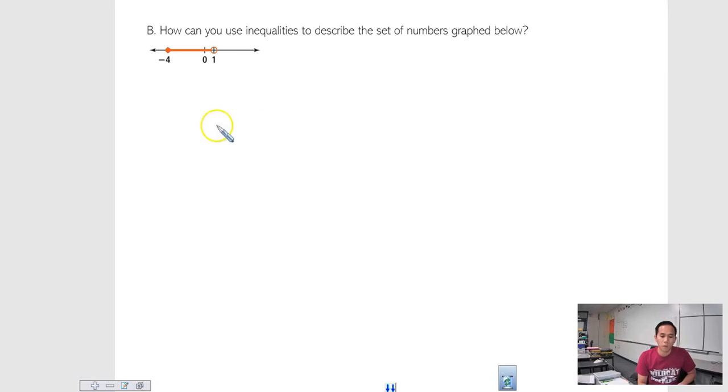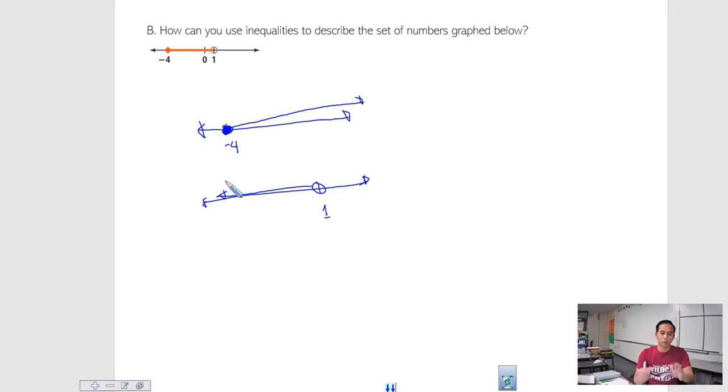If I graph that in a separate number line, this is -4, a closed circle, and it goes to the right. The other one is an open circle on +1, and it goes to the left. So they join together.